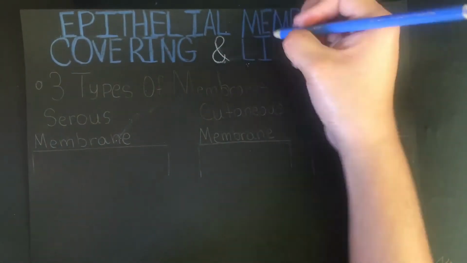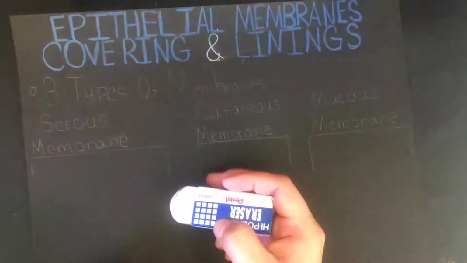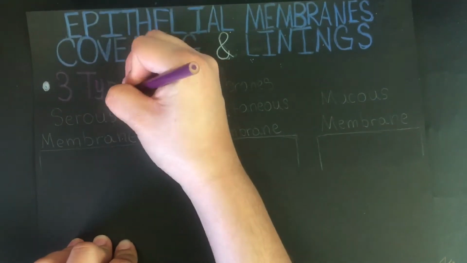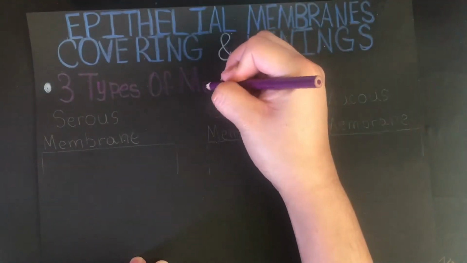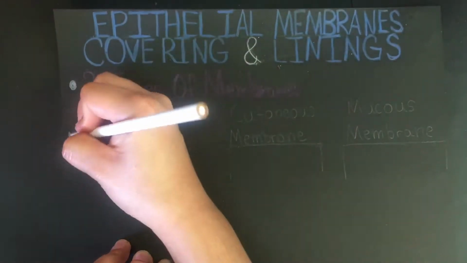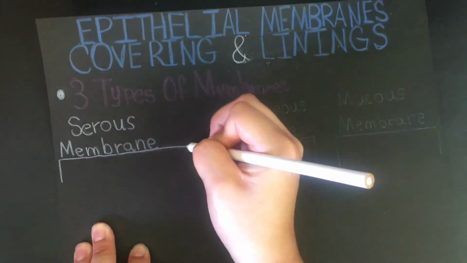Three types of membranes: serous membrane, cutaneous membrane, and mucous membrane.